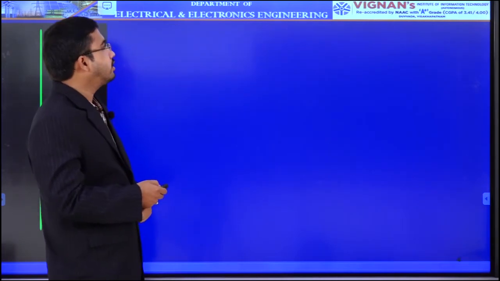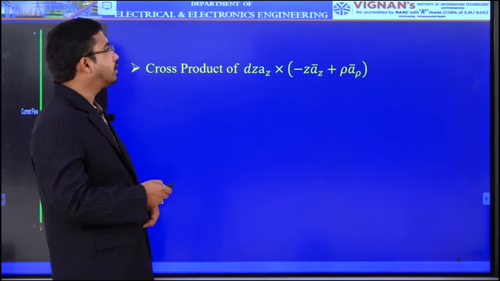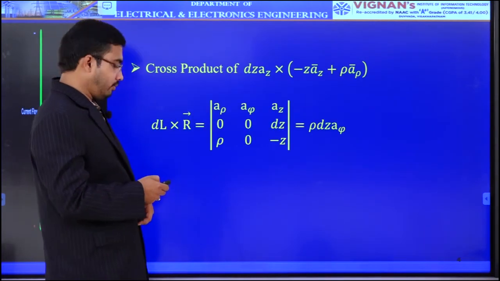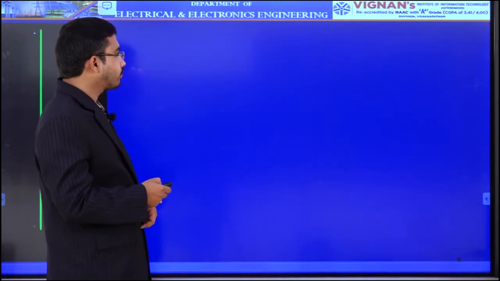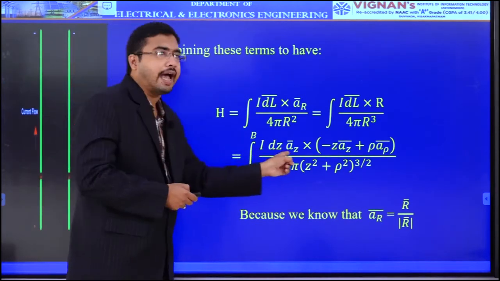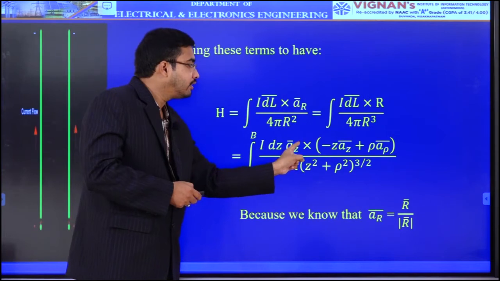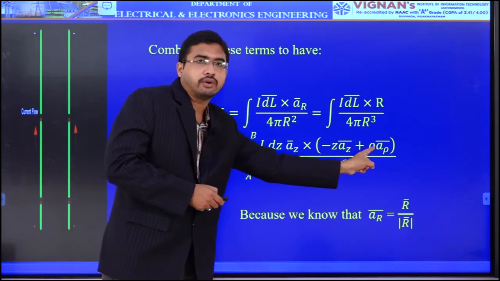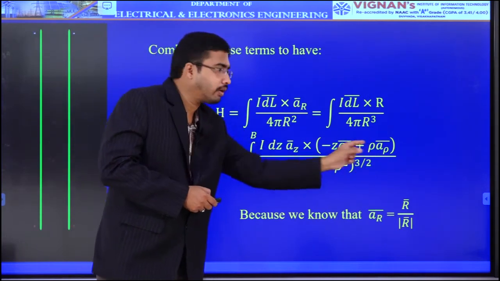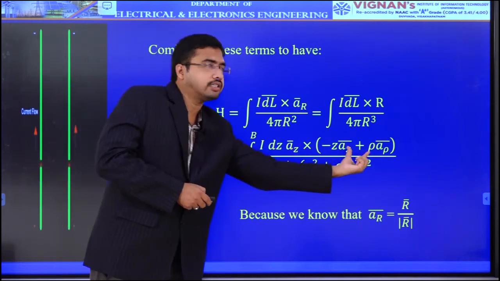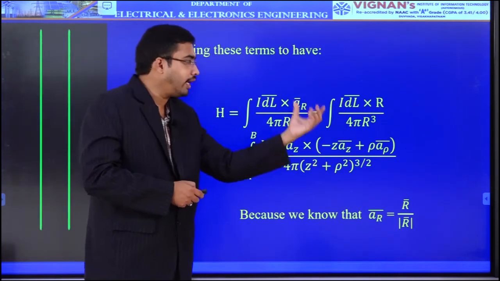So next, if we go for further simplification, in our previous slide we have the cross product of dz az and minus z az plus rho a rho. Okay. So this term and this term are to be made cross product.